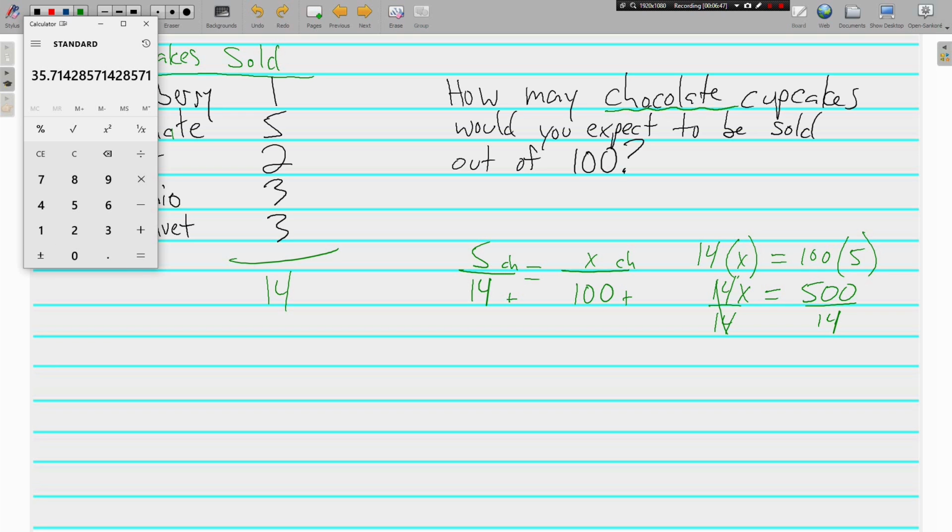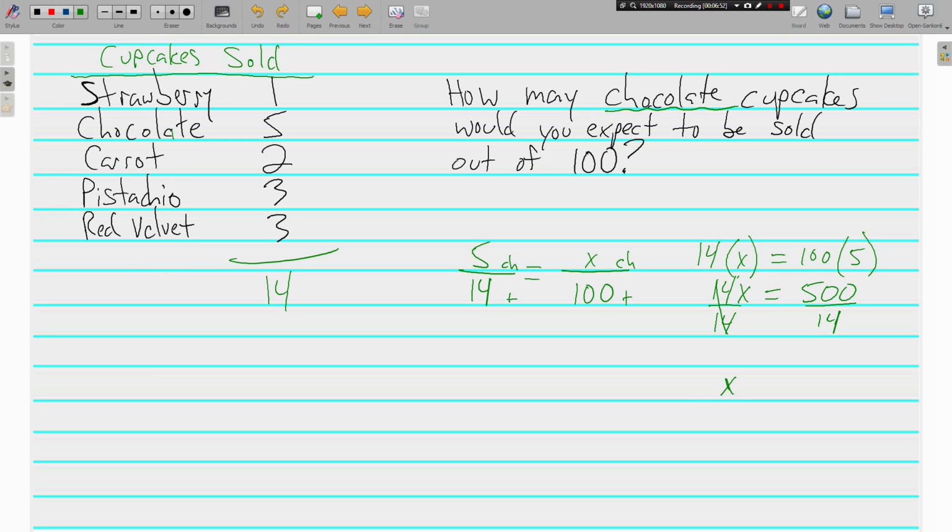It doesn't come out to be even. 35.714. x is equal to 35.714. Now, I wouldn't say that you could expect there to be 35.714 chocolate cupcakes sold. Nobody's going to sell 0.7 of a cupcake.